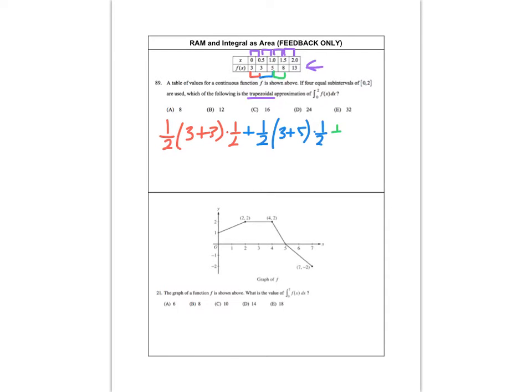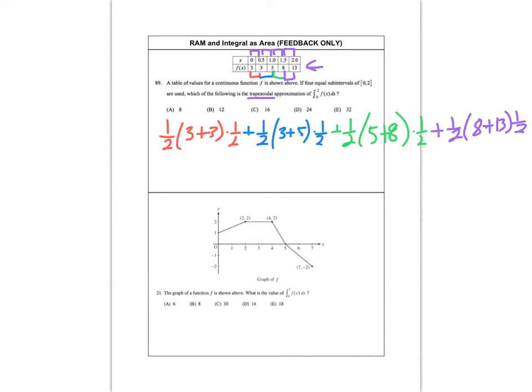We're going to have 1/2, 5 plus 8 times the width of the interval, which is 1/2, and then 1/2 times 8 plus 13 times 1/2. If this were not a multiple choice question, you'd be done.